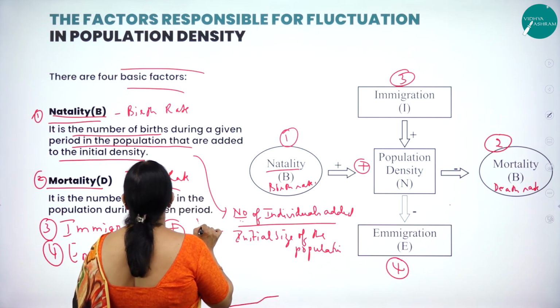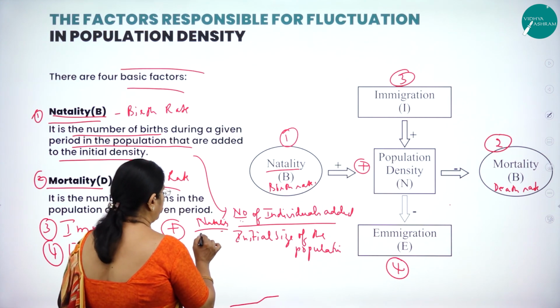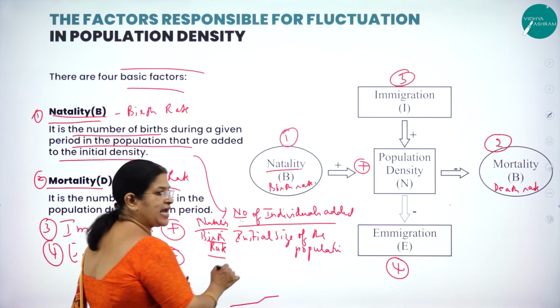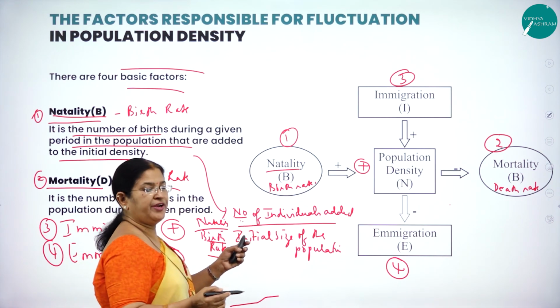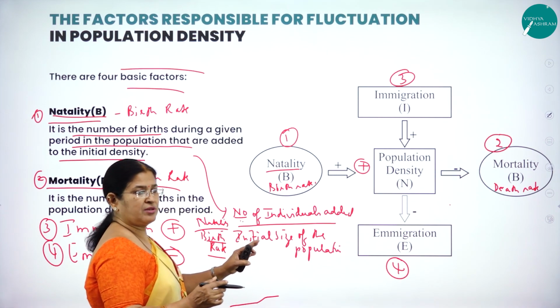So how is natality, or birth rate, calculated? Birth rate is calculated by the formula: number of individuals added to the population divided by the initial size of the population.